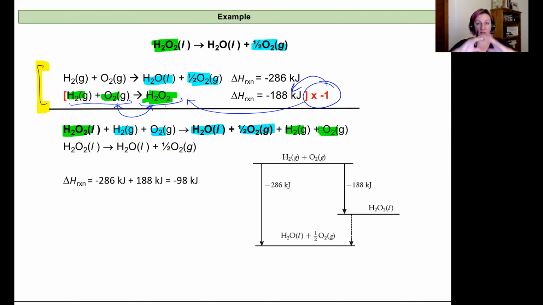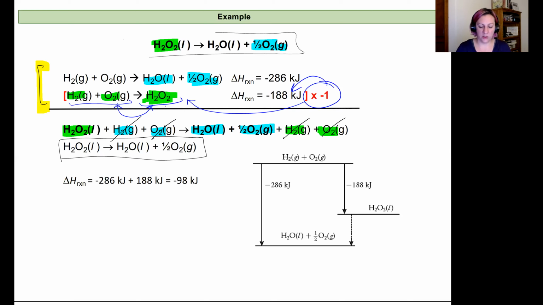Now that I have everything written out in one equation, taking the sum of these two, I'm going to cancel out anything that's the same on either side. So I can cancel out one hydrogen on each side and one oxygen on each side. And that's all I can cancel. Then I rewrite this simplified, and I have something that looks exactly like the reaction I'm interested in.